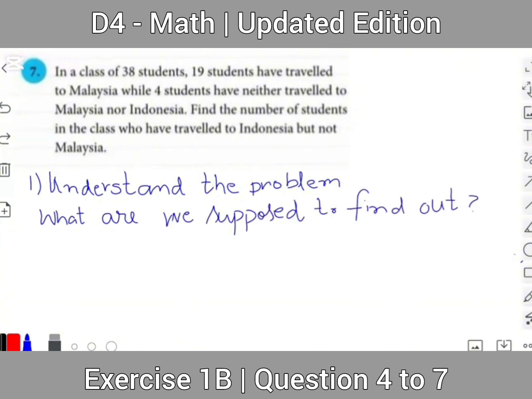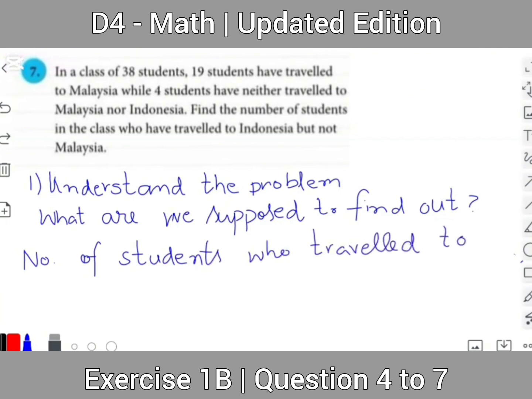Number of students who traveled to Indonesia, but not Malaysia.